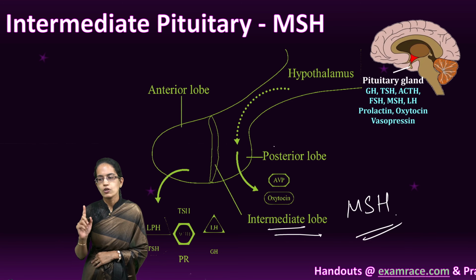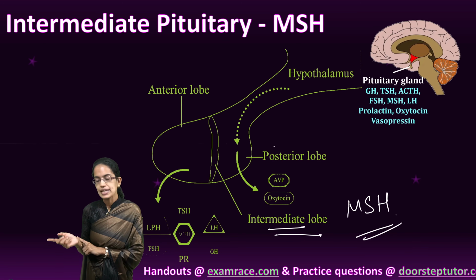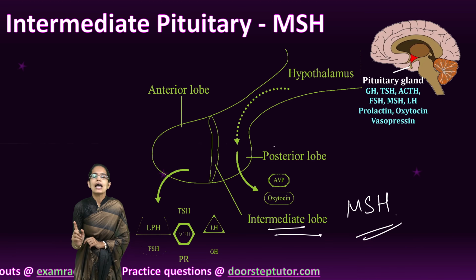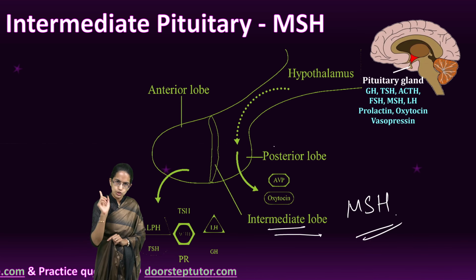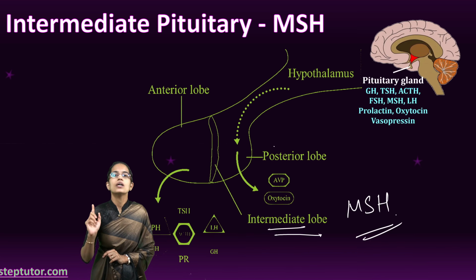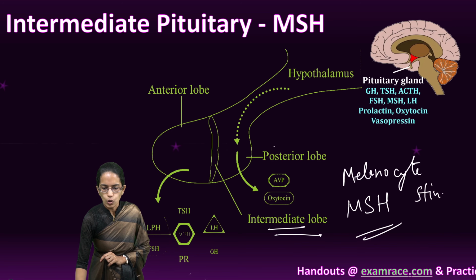Melanocyte stimulating hormone controls the secretion of melanocytes in the skin. So this is by the intermediate lobe. Just one important hormone that you need to know: MSH, melanocyte stimulating hormone.